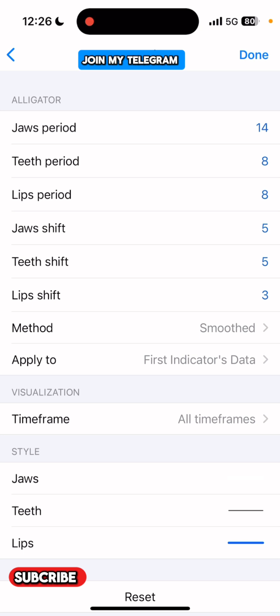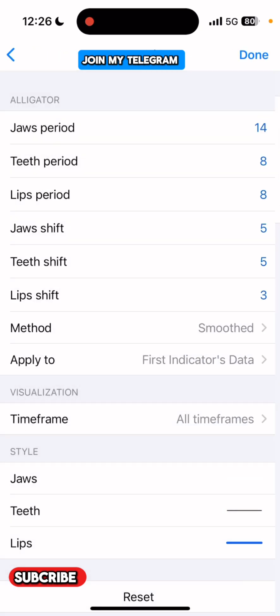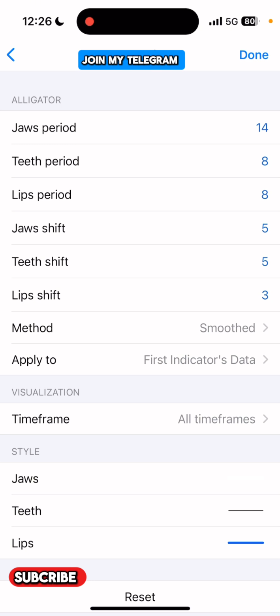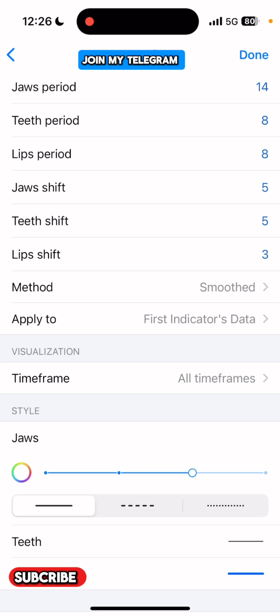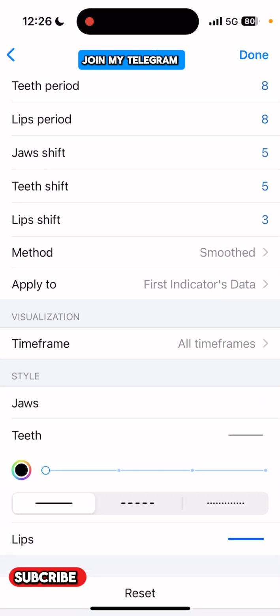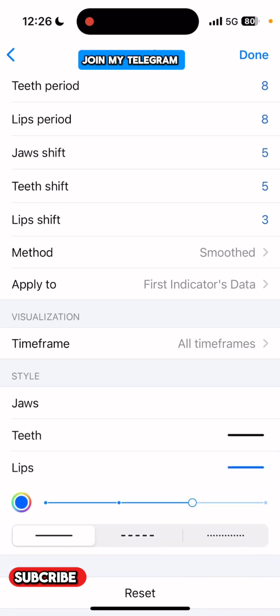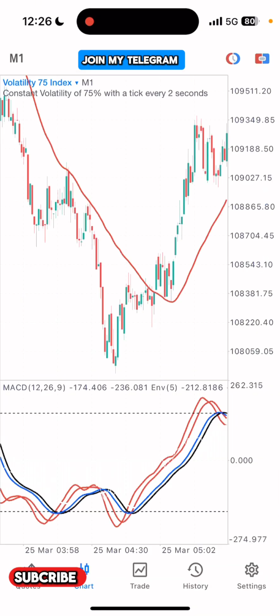All right, then for the method you're going to put that to smoothed. Then you apply to first indicator data as well. The jaws right here, you put the color to white. Okay, if you are using different backgrounds, you need to input these colors to match your background, right? For the teeth, you put that on color black. You might want to put that on 3 pixels as well. Then the lips, you put that on 3 pixels with color green, you click on done.